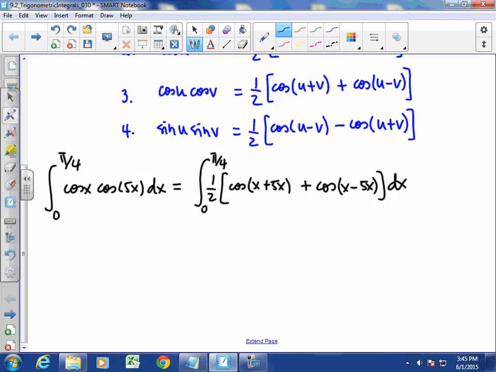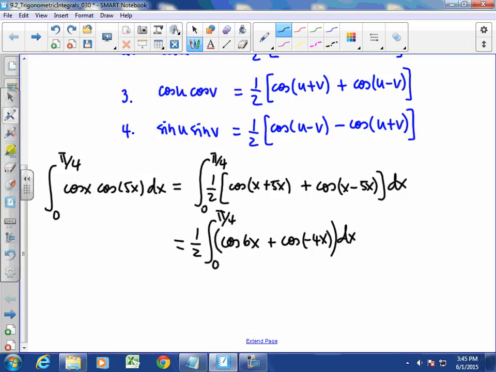dx. Okay, so pulling out the 1/2 and simplifying, we get 1/2 integral from 0 to pi over 4 of cosine of 6x plus cosine of negative 4x dx.